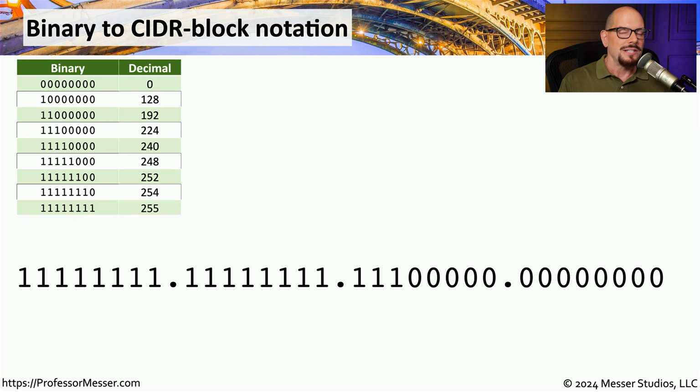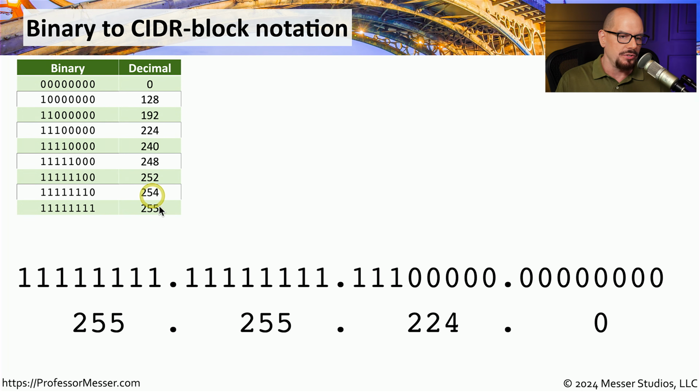Let's look at a subnet mask we've not seen yet. This one is all ones in the first octet, all ones in the second octet. There are 3 ones in the third octet, and of course the rest of this is zeros. If we look at our chart, we can see that all ones is 255, and the octet that has 3 of these ones is the same as 224 in decimal. And obviously all zeros in binary is the same as 0 decimal.